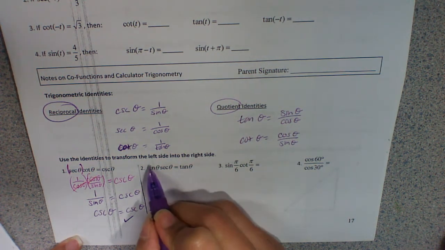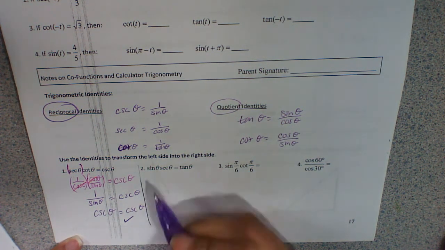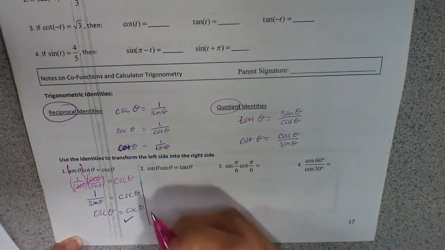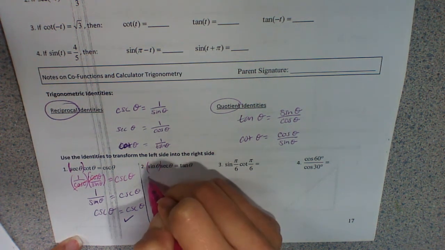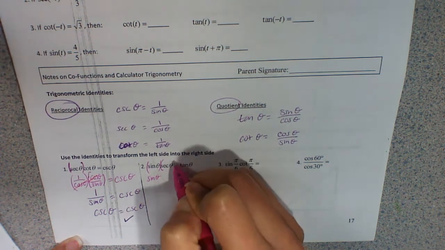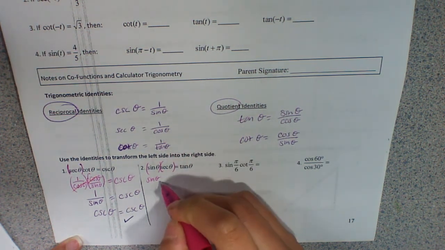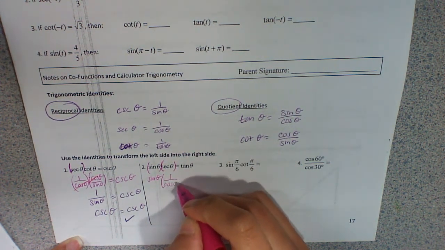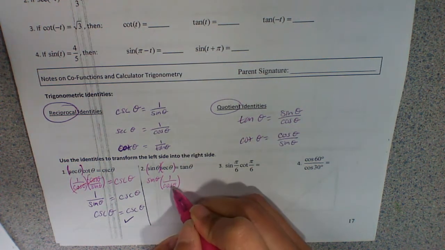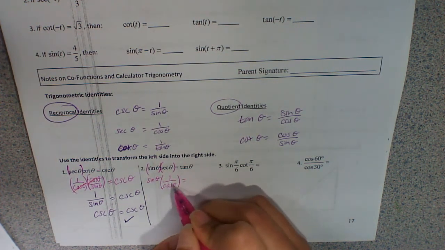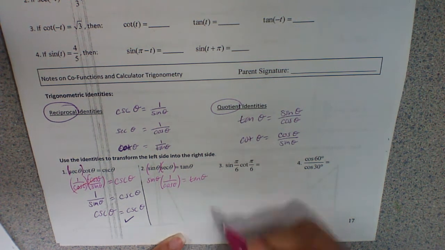Number 2, let's do the same thing. We're going to rewrite the left side all in terms of sine and cosine. Well, sine of theta is just sine of theta, can't do anything there. But secant I can write as 1 over cos of theta. And I want to show that those multiplied give me tan of theta.